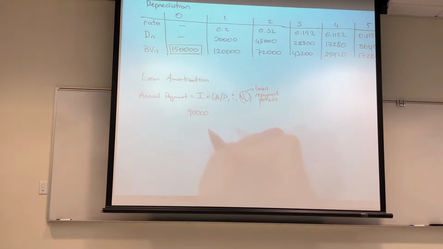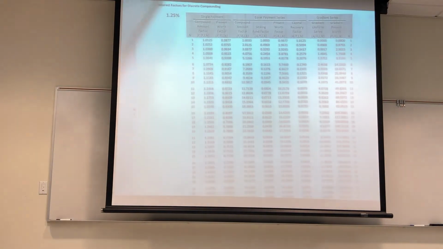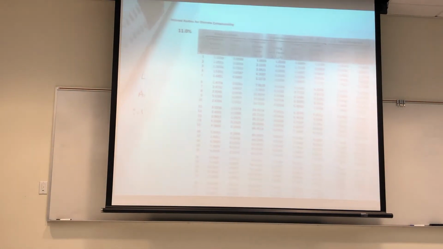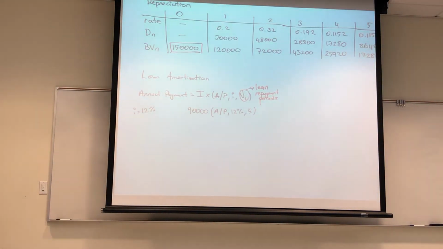We didn't borrow 150,000. 90,000 times A/P, i will be equal to 12% over 5. So now we go to our super cool table and find what we're looking for. A/P, 12%, 5.